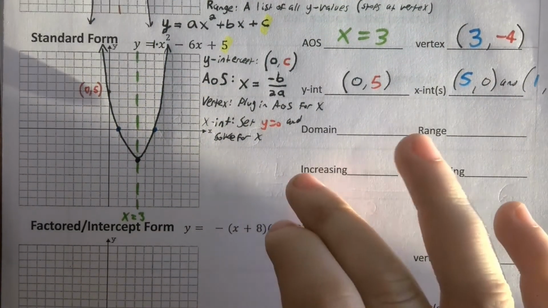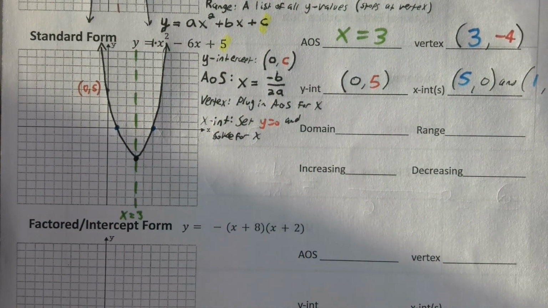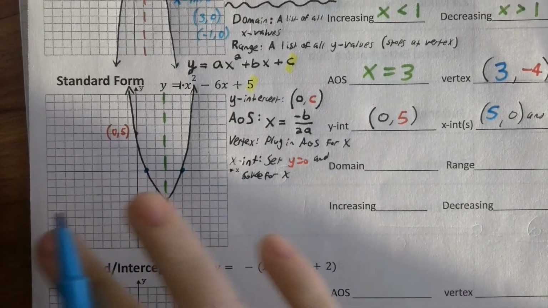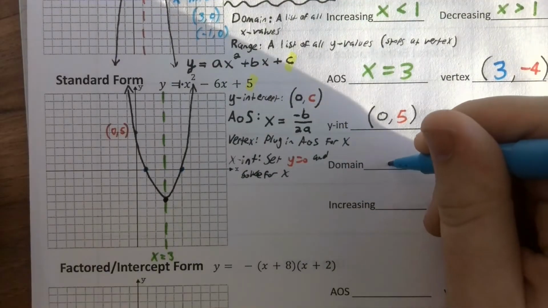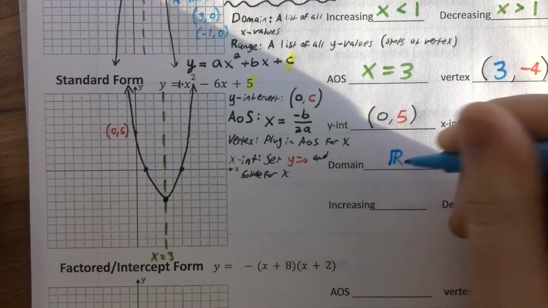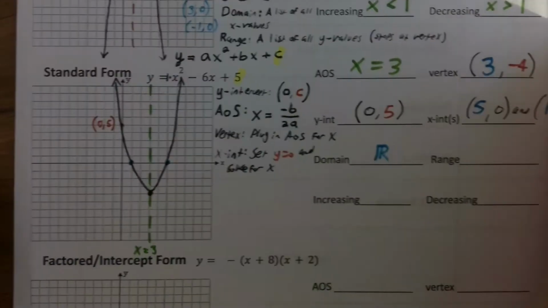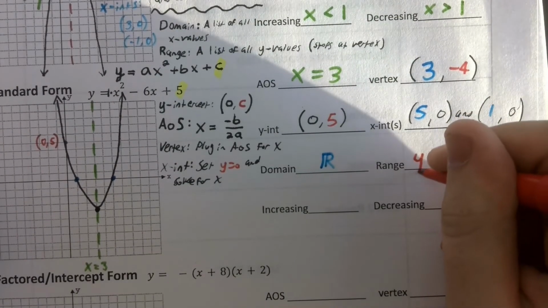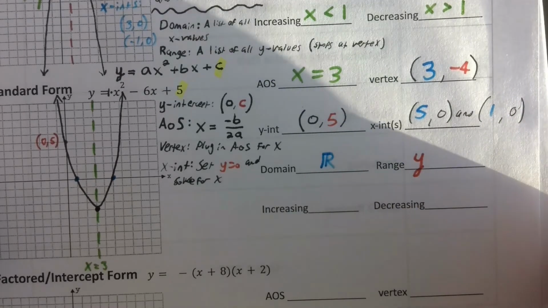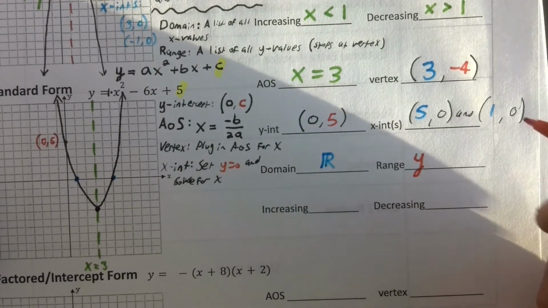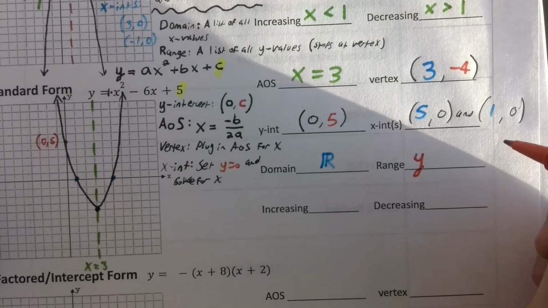The domain, range, increasing and decreasing are a little bit different for this one, but not so different. For instance, notice how our parabola still goes left forever and still goes right forever. Our domain is still all real numbers. That doesn't change. What about our range? Again, to find the range, we want to compare y to the maximum or minimum, the highest or lowest points.